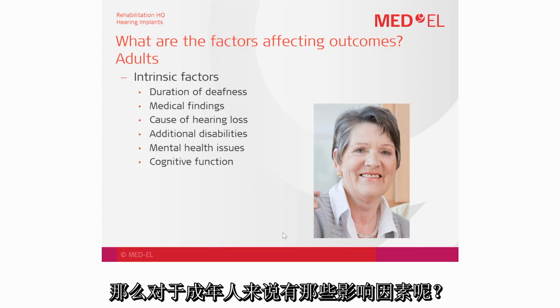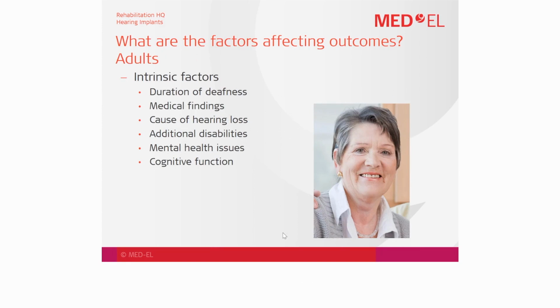So what about those factors when it comes to adults? Well, really they're similar. The intrinsic factors within the adult include things like duration of deafness. Medical findings, again, the cause of the hearing loss, can give us a clue. Some adults are implanted who have additional disabilities.